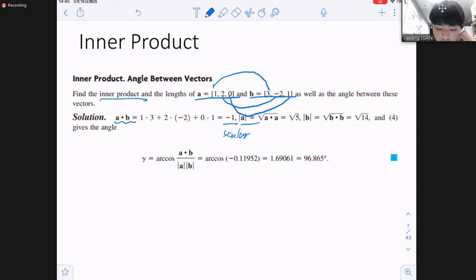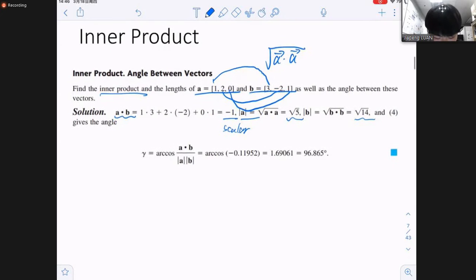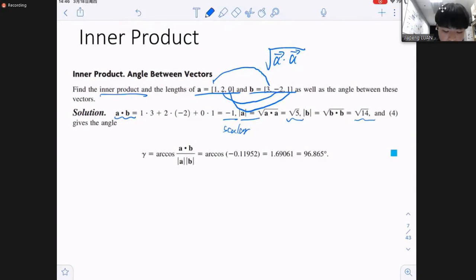And also the A norm, how to calculate A norm. So A norm is actually A dot A, this is a dot product, and then you square root it. So in this question, you have this A norm is square root 5, and then this B norm is square root 14. And the last thing is to calculate the angle between A and B. So you can see the angle is actually this equation, arc cosine of A dot B over A norm B norm.